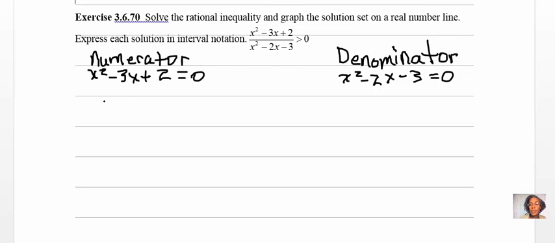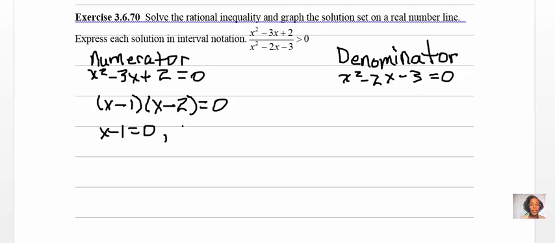So we're going to attempt to solve these by factoring, if at all possible. So this equation on the left factors into the quantity x minus 1 times the quantity x minus 2. So that equals 0. And the only way that is going to yield 0 is if x minus 1 is 0 or if x minus 2 is 0.